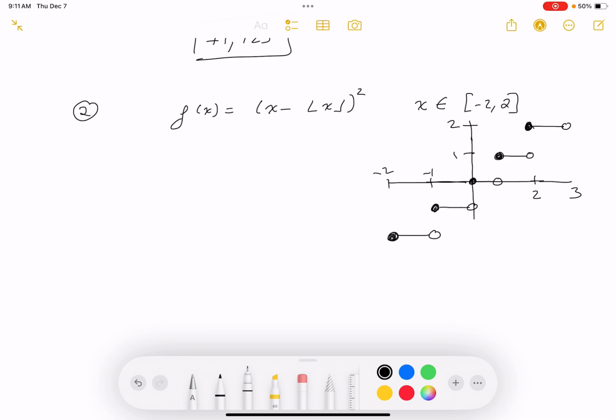So what I need to do is start writing down what f of x looks like. And f of x is going to equal something. And I've got 1, 2, 3, 4, 5 things to look at. The first thing I want to look at is this guy right over here. So I'm going to say it equals x minus something.